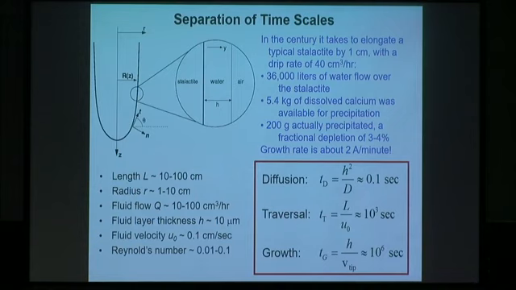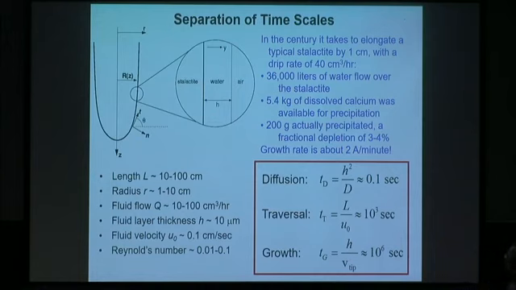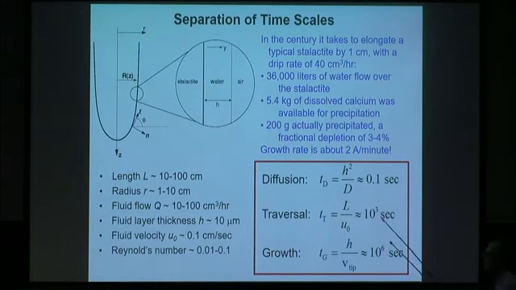In the century that it takes to elongate 1 centimeter, an entire swimming pool's worth of water has flowed over this poor stalactite. And if you do the math, you discover it had about 5.5 kilograms of calcium that could have deposited on the stalactite. But actually only about 200 grams did so. So this is just a slight depletion of the calcium in the water as it goes down.